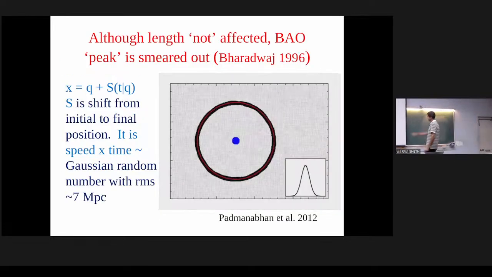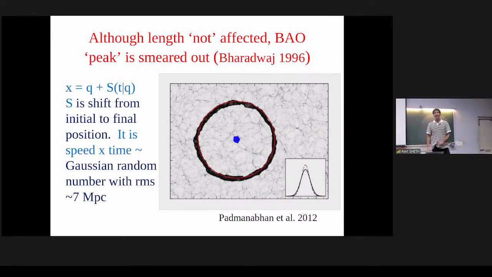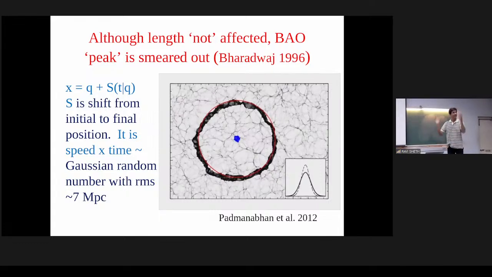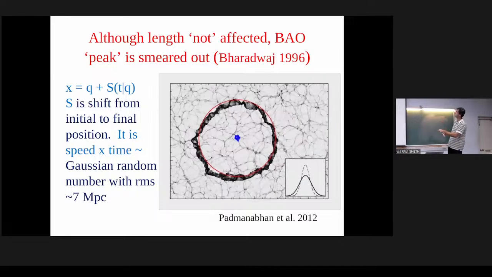Here's a nice simulation that was done by Nikhil 10 years ago. Normally when people do a simulation, they'll have a whole bunch of particles that are all equal mass, that gravity goes to work on and makes them cluster. So that's the slight gray thing that you see in the background. As time goes on, gravity has made them cluster. It started out smooth. What Nikhil did was he added a whole bunch of particles on this red circle.